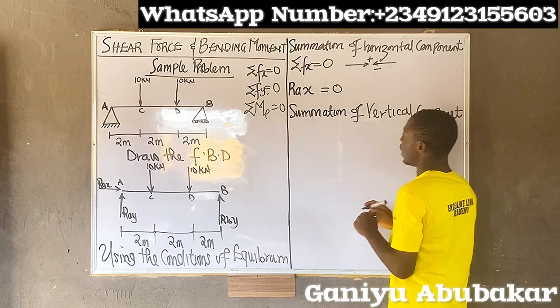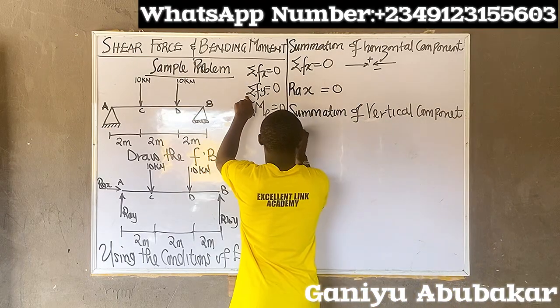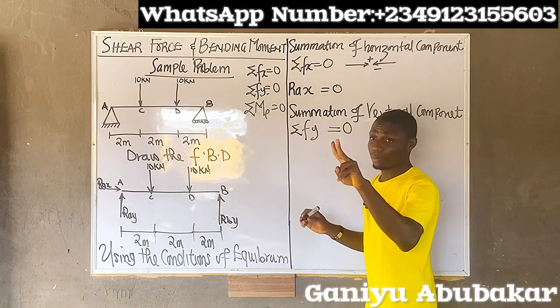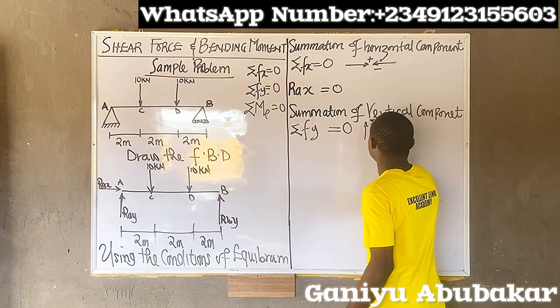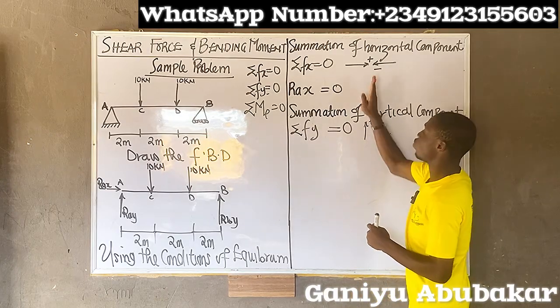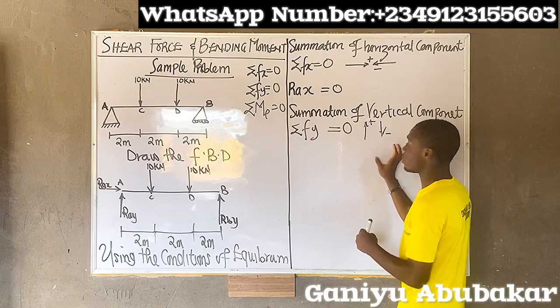For this one here, I have summation of F of Y equal to 0. I'm considering all upward forces to be positive, downward to be negative. So any force going upwards is positive, downwards is negative.